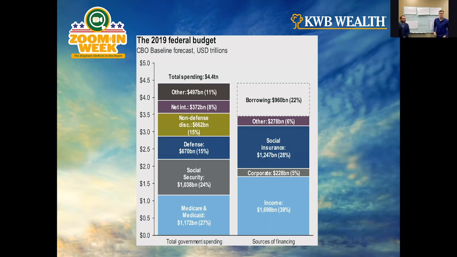On the revenue side, we have taxes from individuals, Social Security taxes, and the rest, which covered about 80%. The 20% is what we needed to borrow. So in 2019, a normal year, we still had to borrow almost $1 trillion to make these two even out.